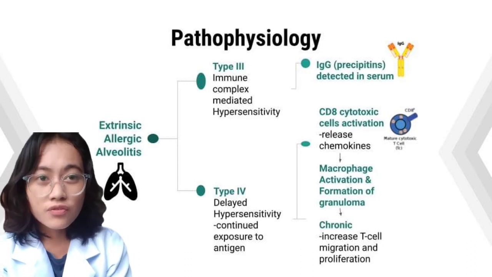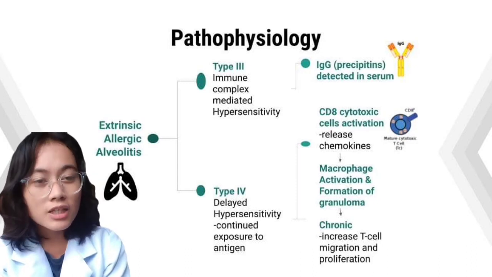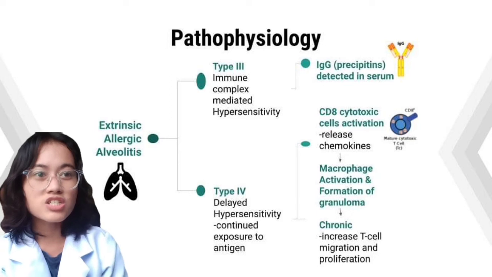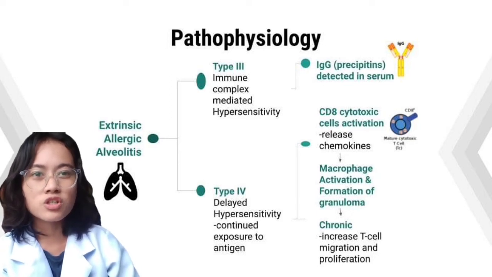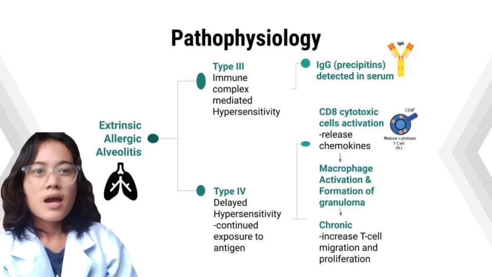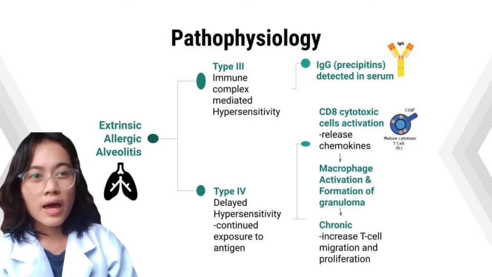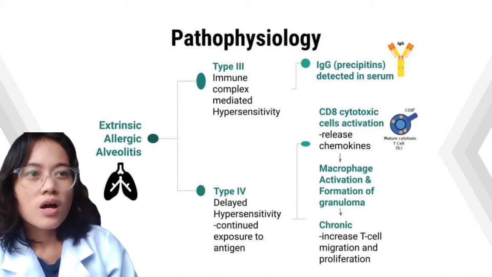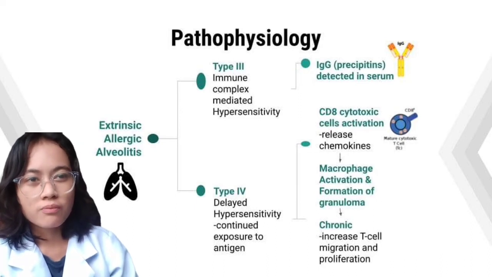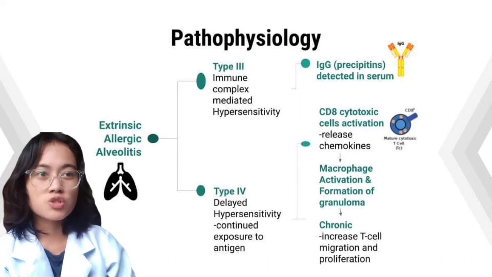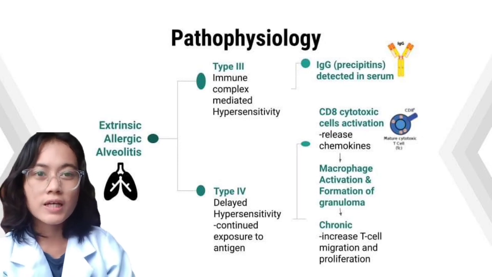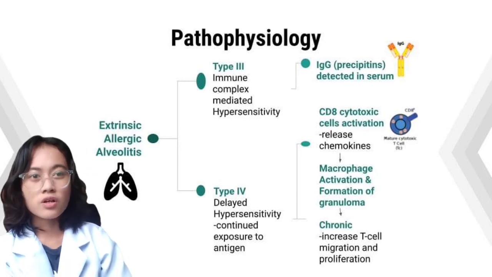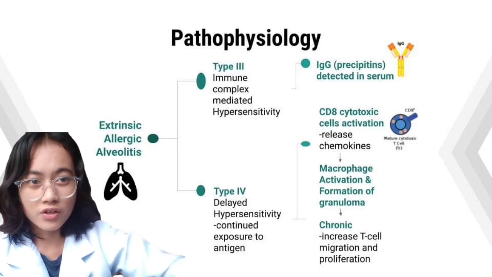The individual differences in susceptibility to HP suggest a genetic link, likely through the major histocompatibility complex, or MHC class 2, namely HLA DR and DQ. Cigarette smoking seems to protect from developing clinically significant HP, likely due to nicotine inhibiting macrophage activation and lymphocyte proliferation.